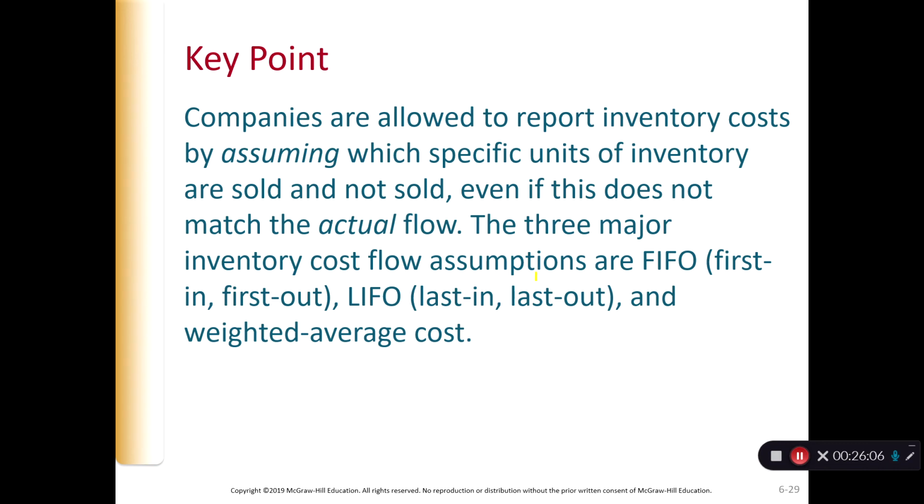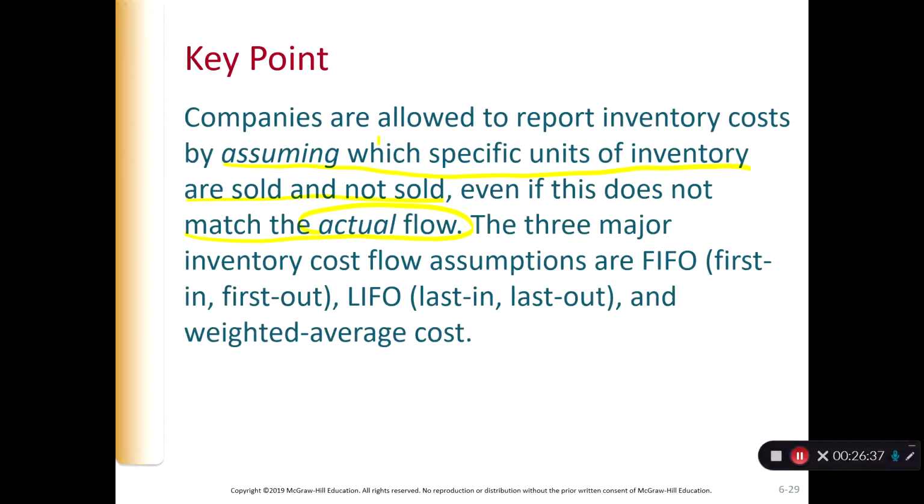The key point we want to take away is that companies are allowed to report inventory cost by assuming which specific units of inventory are sold and not sold, even if this does not actually match the actual flow. So your cost assumption might say that in the books, the latest inventory is sold first, but in fact the oldest purchase should be the one sold first, right?